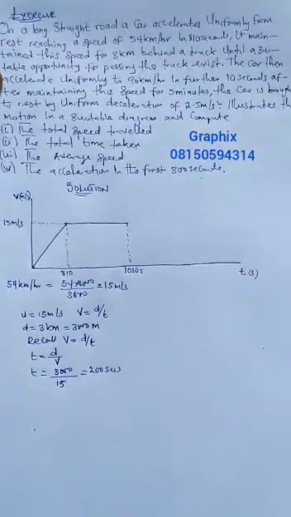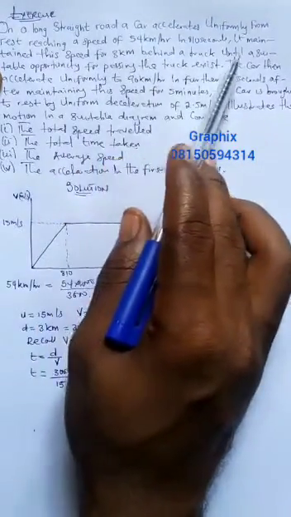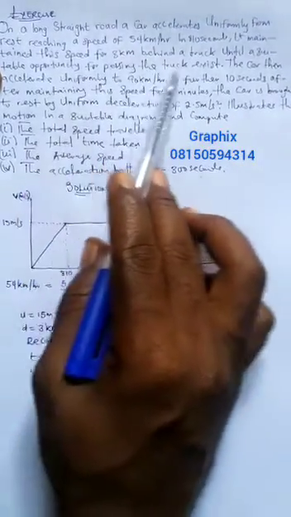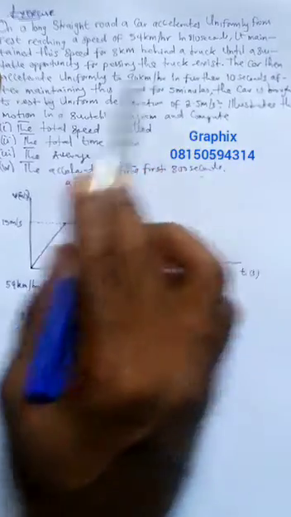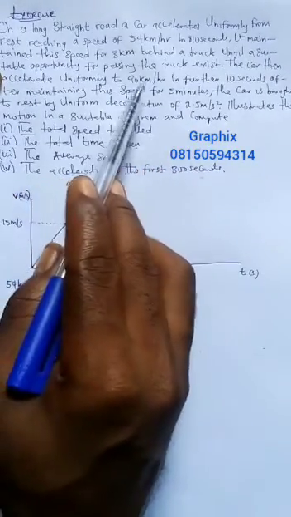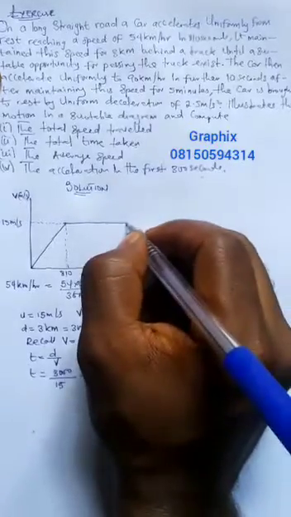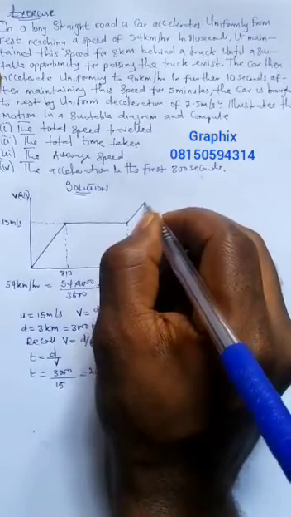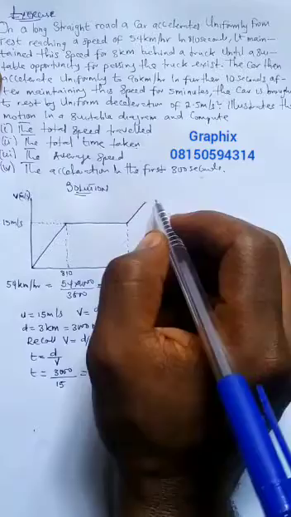Now, behind the truck, until a suitable opportunity for passing the truck exists, the car then accelerates uniformly to 90 km per hour.